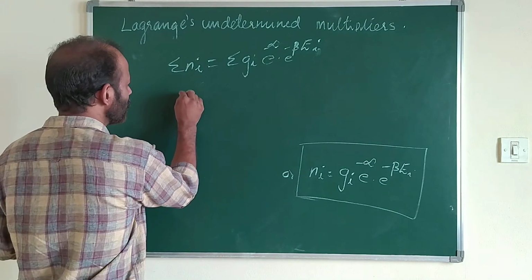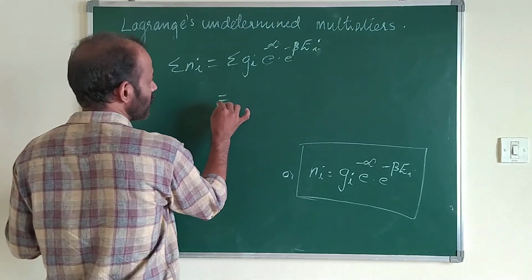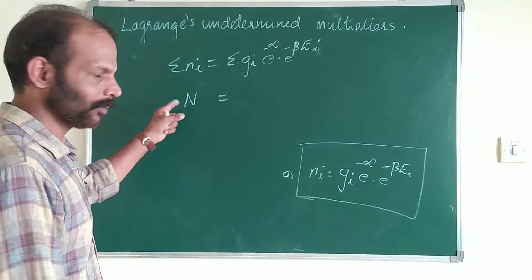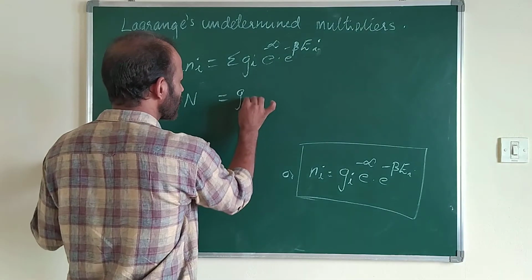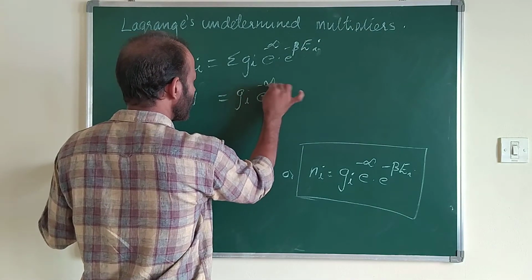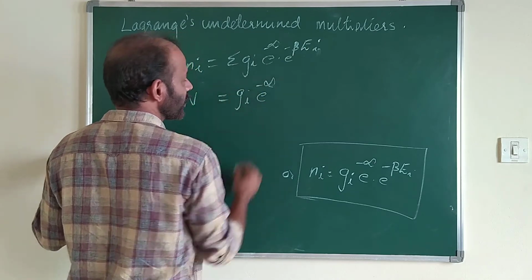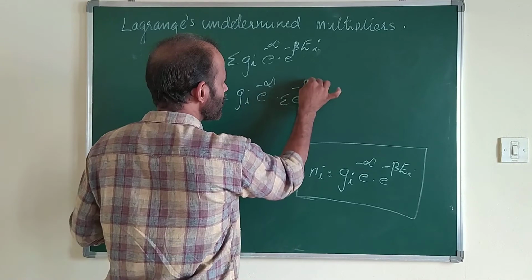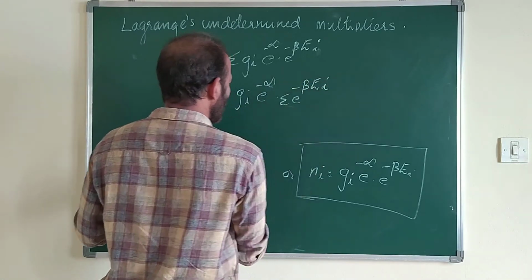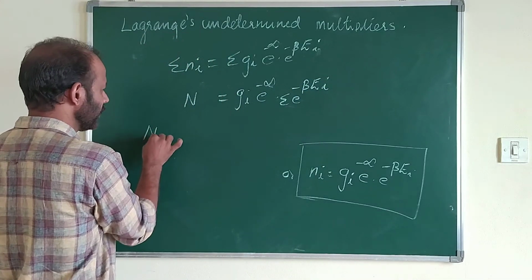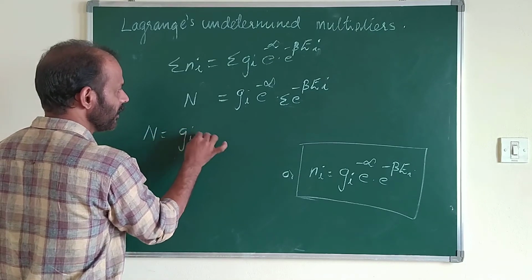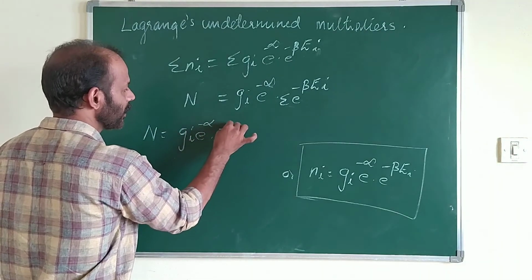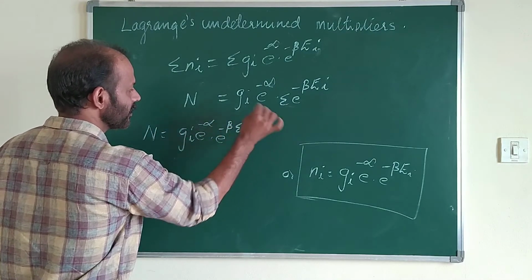So this equation becomes, sigma Ni is nothing but capital N, that is the total number of particles, and Gi is constant, e raised to minus alpha is also constant, so we can put it as sigma e raised to minus beta Ei, or N equal to Gi into e raised to minus alpha into sigma e raised to minus beta Ei.